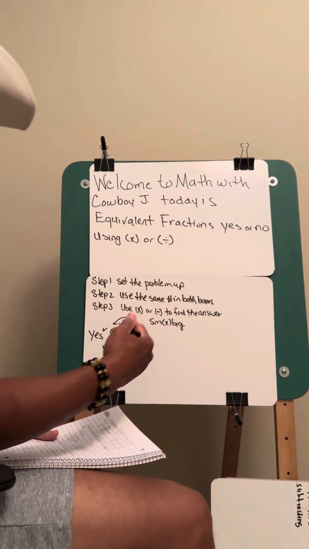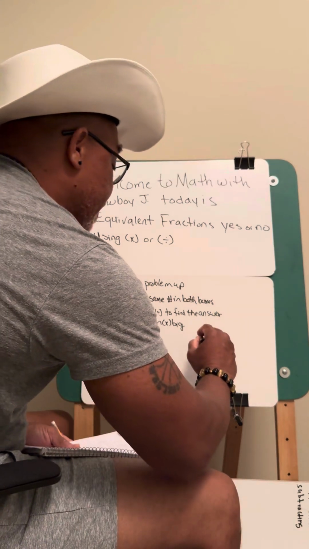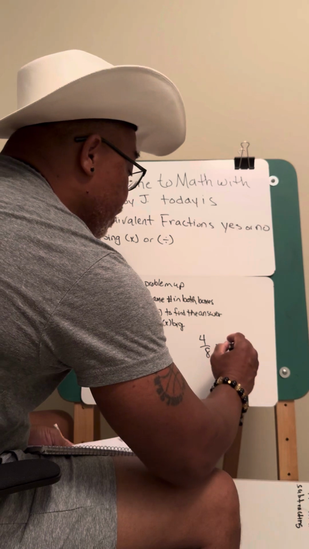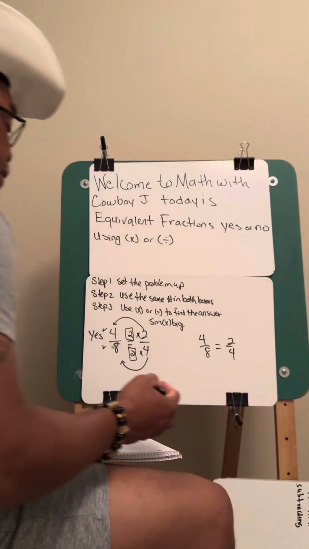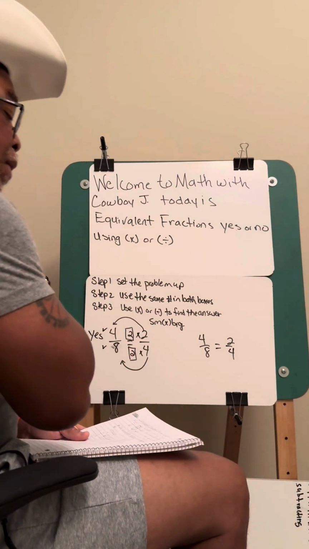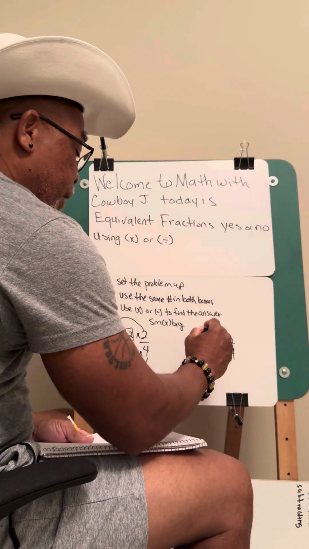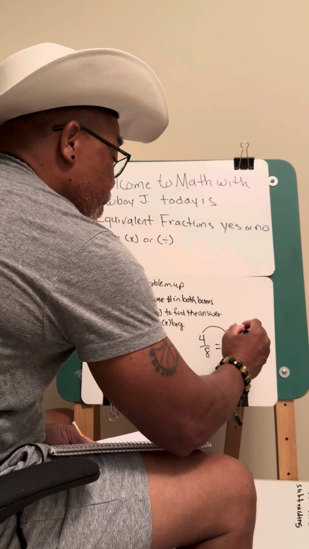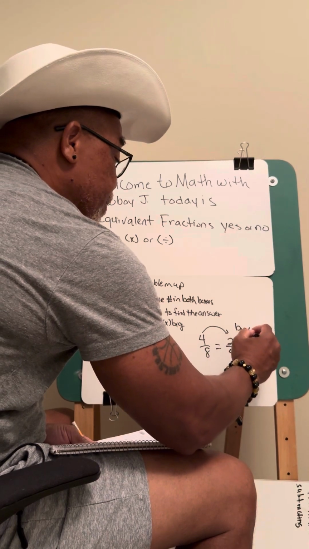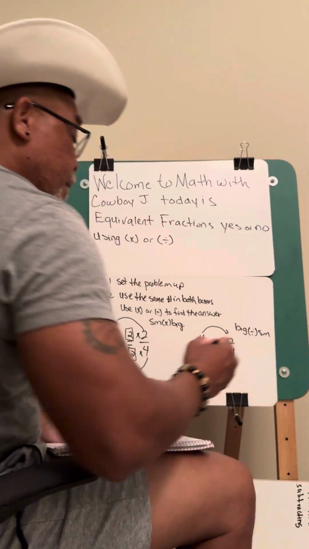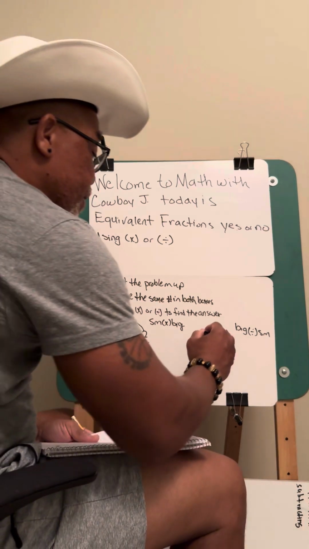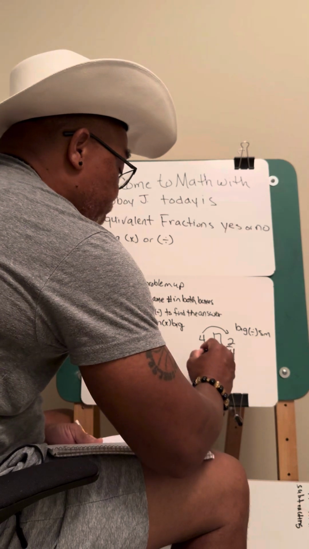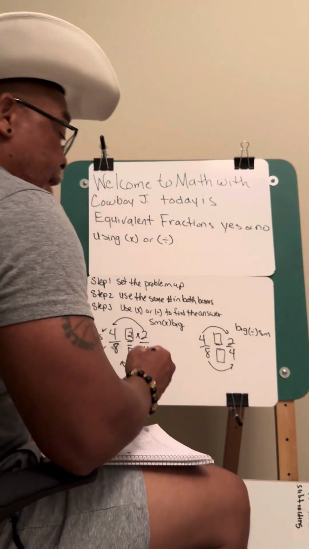Now if I was going to go the other way, same problem. Let's say I have, again, 4/8 equal to 2/4. Let's say I want to go big to small. I have to divide. So again, I'm going to set my problem up. I'm going to make a problem inside the problem.